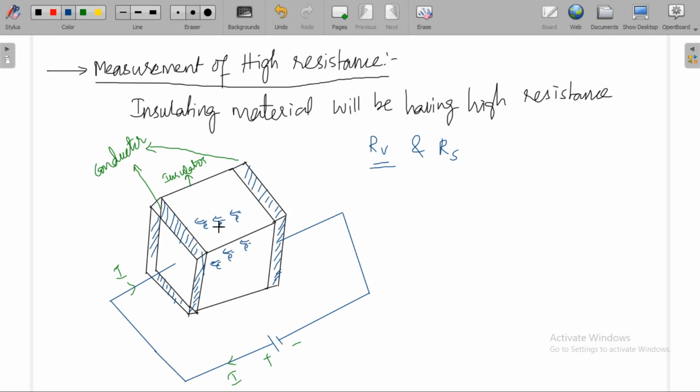These electrons are flowing through the volume of this insulating material.